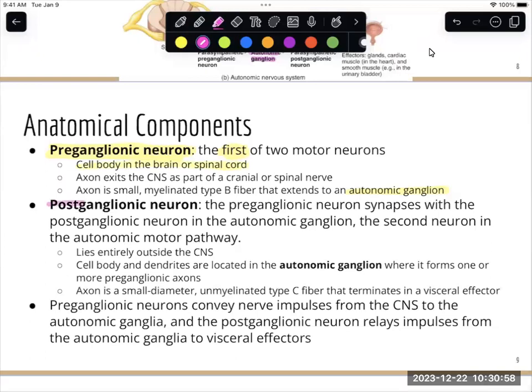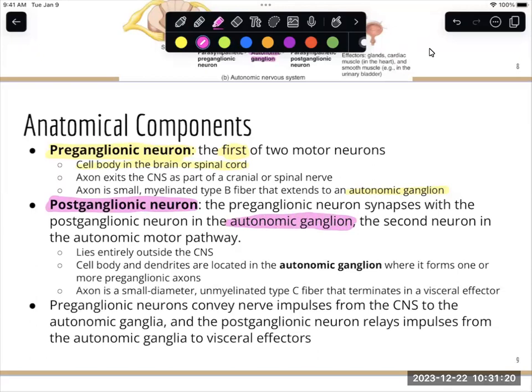Our postganglionic neuron here starts at that autonomic ganglion. From that autonomic ganglion, it is going to go to its effector tissues.